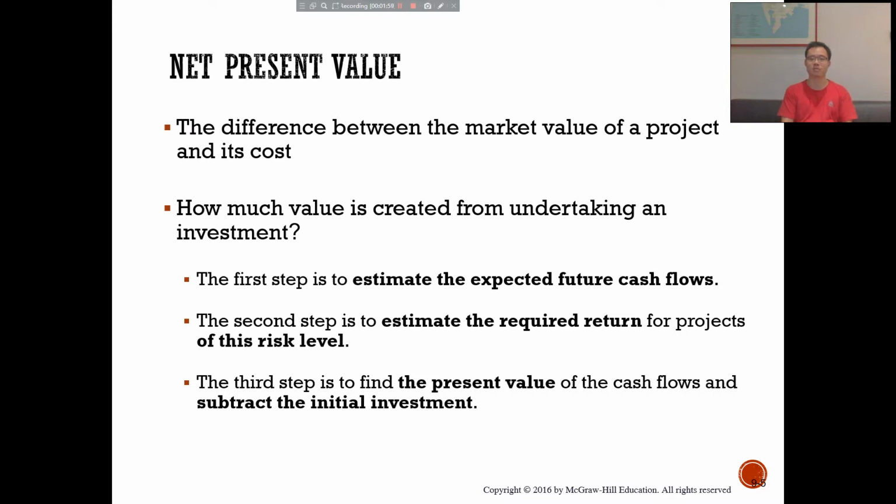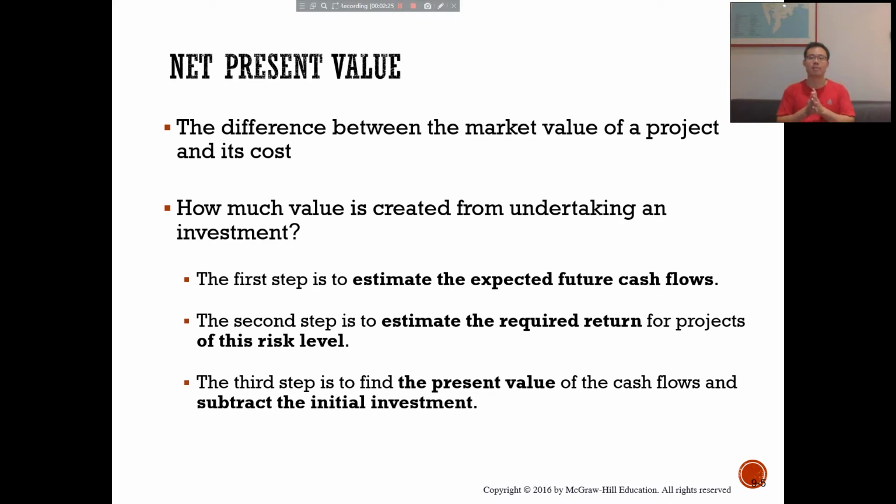The first step is to estimate expected future cash flows. So you want to know what future cash flows could look like. We don't really know exactly what they look like because the future hasn't happened yet. But we can expect that if a project is being conducted properly, under normal circumstances, this is what the future cash flows should look like.